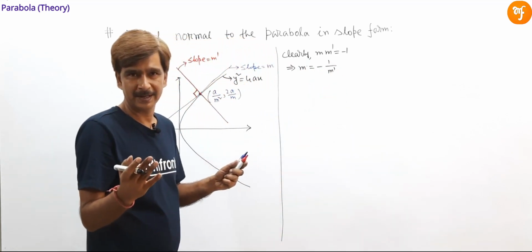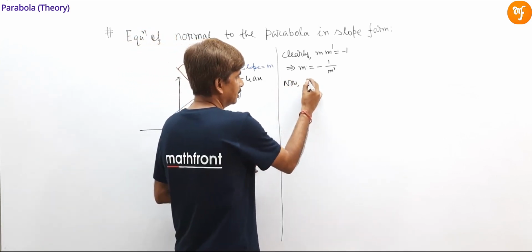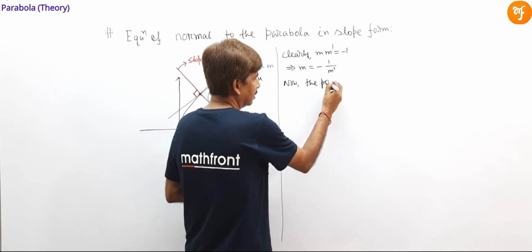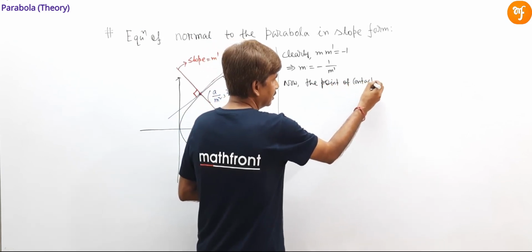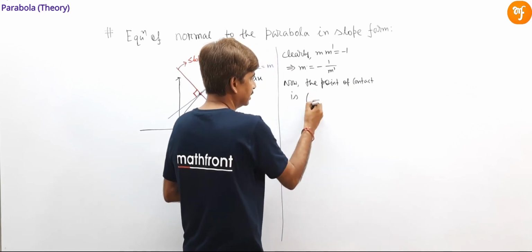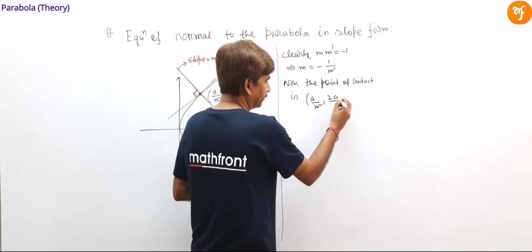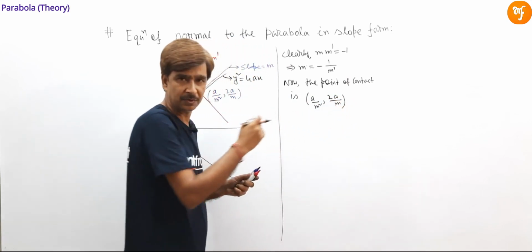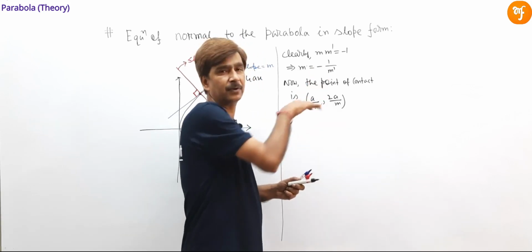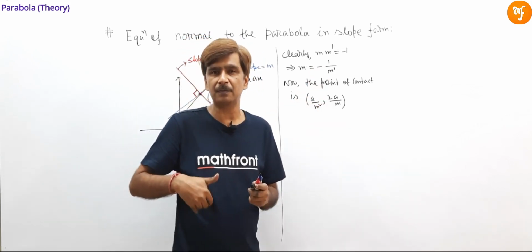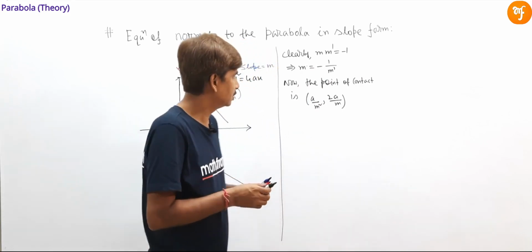Now the point of contact is a by m square comma 2a by m. So this is with respect to m. Now if we substitute m by minus 1 by m dash, we will get the point of contact with respect to m dash, and that's what we require.